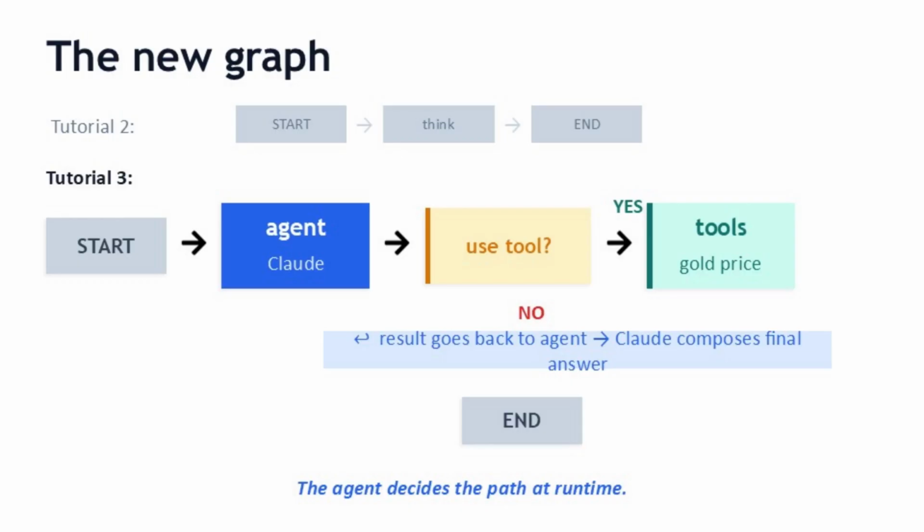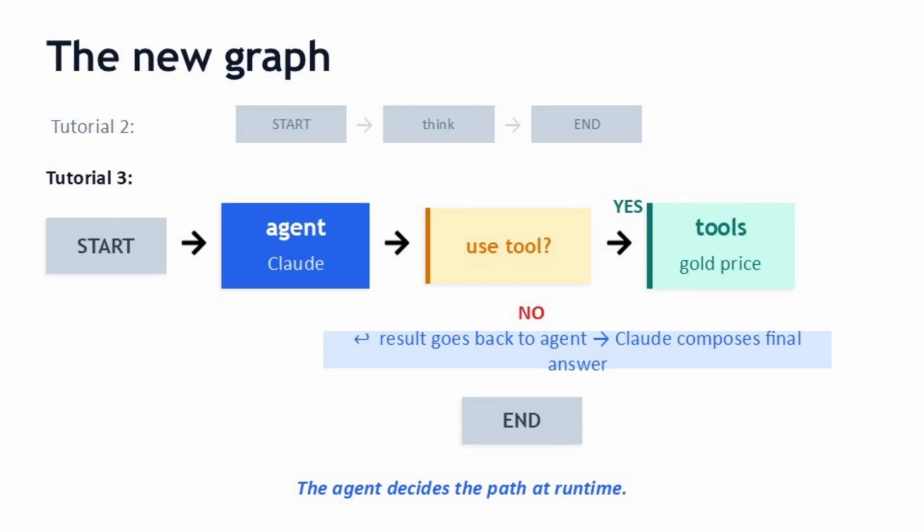Here's how the graph changes. In Tutorial 2, the graph was simple. Start, think, end. One node, one path. The agent always did the same thing. Now look at this! The agent node sends the question to Claude. Claude decides, do I need a tool? If yes, the conditional edge routes to the tool node, which fetches the gold price.